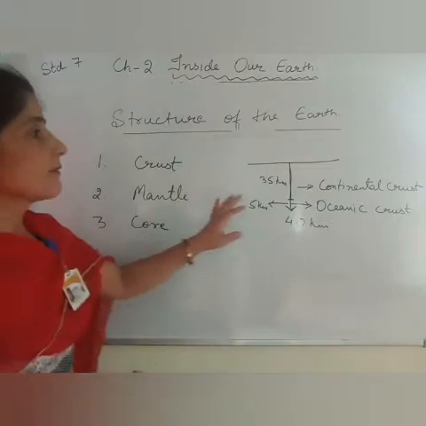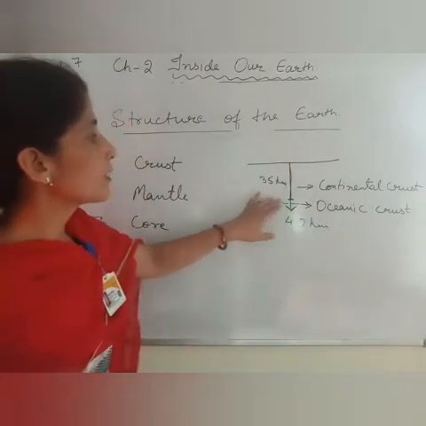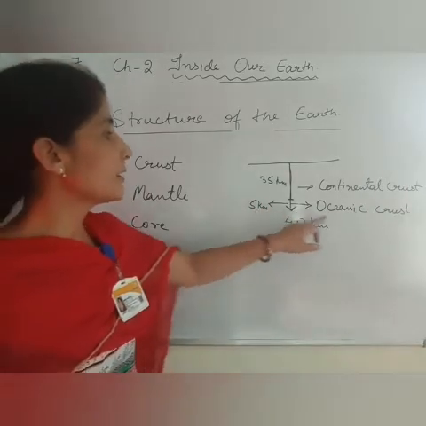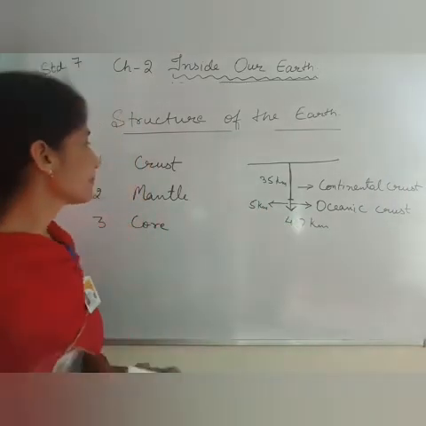So the crust is divided into two parts: up to 35 kilometers continental crust and the last 5 kilometers oceanic crust.